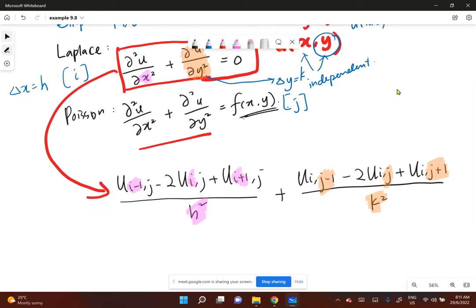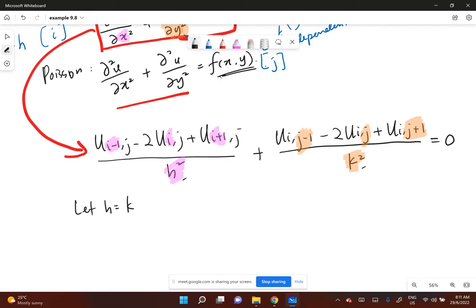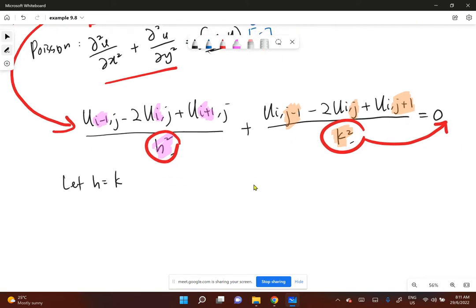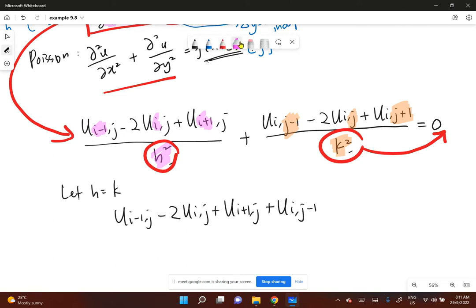Now let's assume that h is equal to k. So both terms have equal denominators. If I bring this to the right and multiply, it becomes u i minus 1 j minus 2 u i j plus u i plus 1 j plus u i j minus 1, and another u i j.